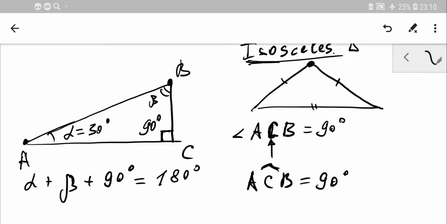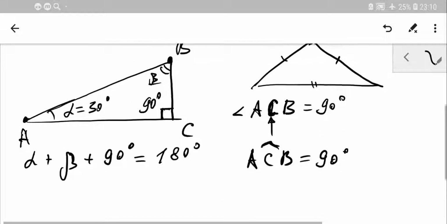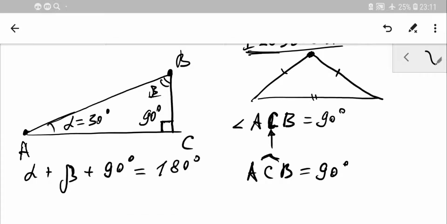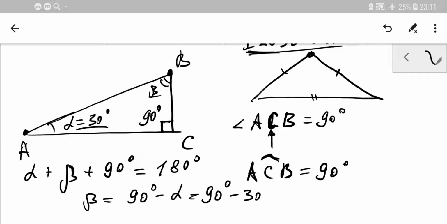So from here, with no problem, we can figure out the B value. For an ABC triangle, if it's a right angle triangle, we can figure out the other angle if we're given one of them. Beta is basically 90 minus alpha, that means 90 minus 30 degrees.